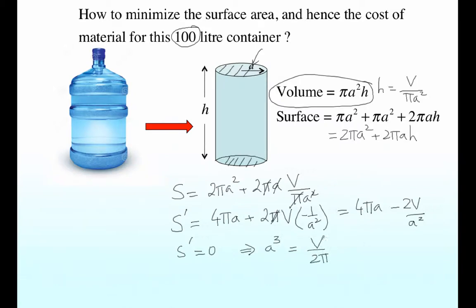If a cubed is this, then let's see what h is. So a cubed is now that. h is V over pi a squared. And let me do the following trick. Let me put a over here and make this cubed instead of squared. So h will be V times a.